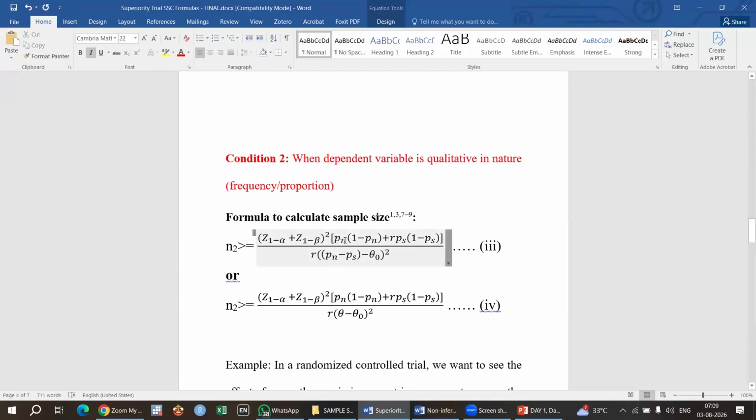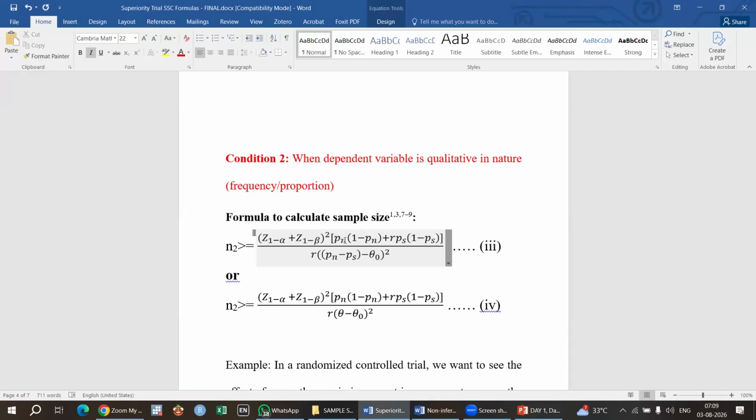PN. N means new treatment. Proportion of outcome in new treatment. Is there any name of this formula? I still did not see any name for this formula. If you see it from anywhere, please tell me.